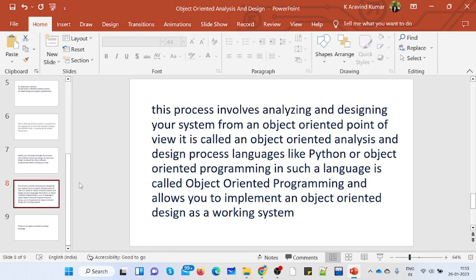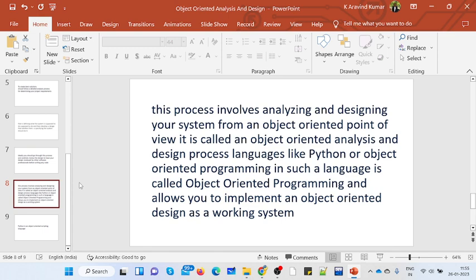Two major projects we have taken as examples: the automated teller machines and the air traffic control system, basically to control air traffic. For such complex projects we need object-oriented analysis and design.